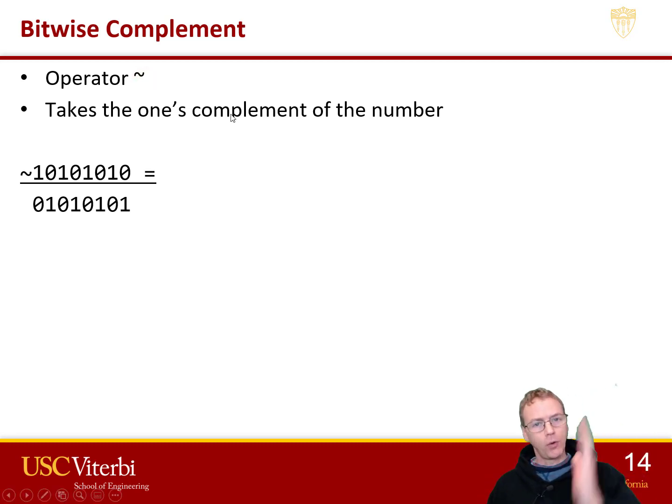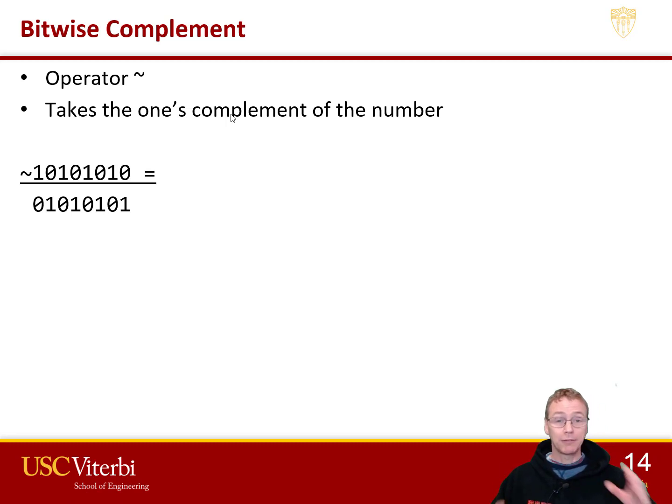Like with or and, we have logical or, which is 2 pipes, but bitwise or is 1 pipe. With logical and, we have 2 ampersands, so the bitwise and is 1 ampersand. The logical not operator was the single exclamation point.